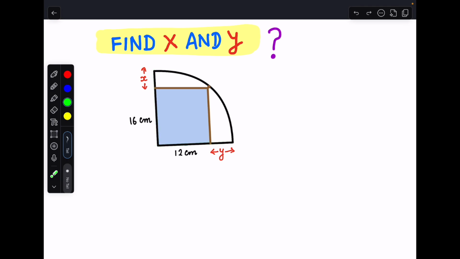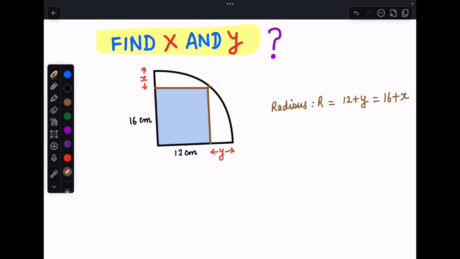So radius r is equal to 12 plus y. This should be equal to this because both are radius, so this should be equal to 16 plus x.